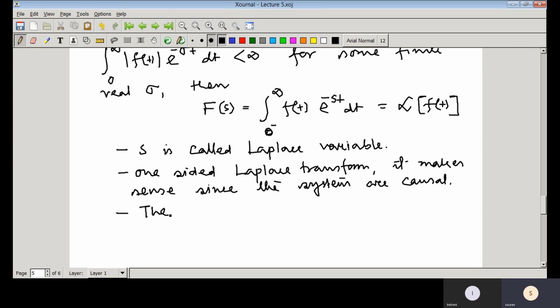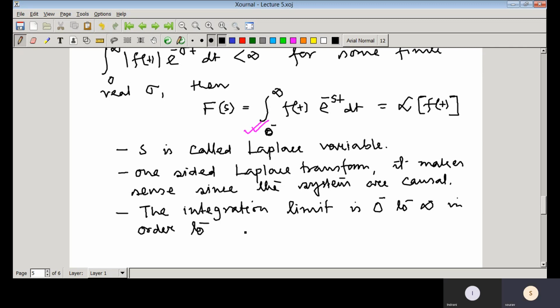And the integration, this integration limit is 0 minus to infinity in order to handle the jump discontinuity at origin.